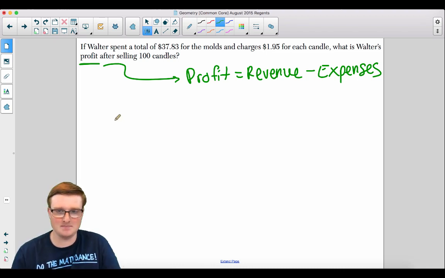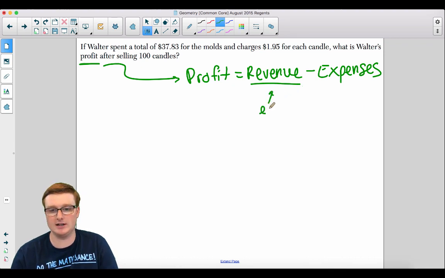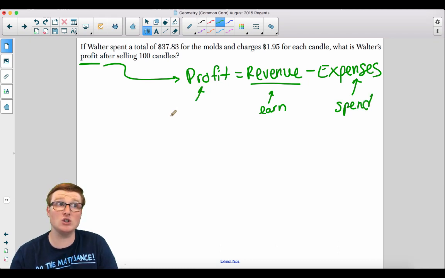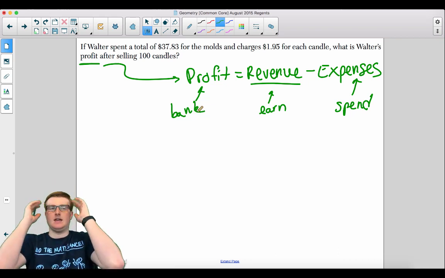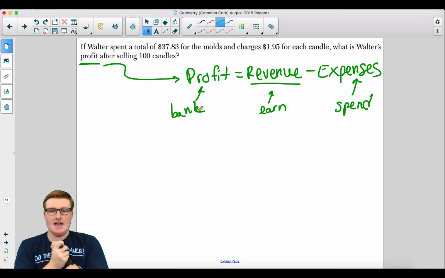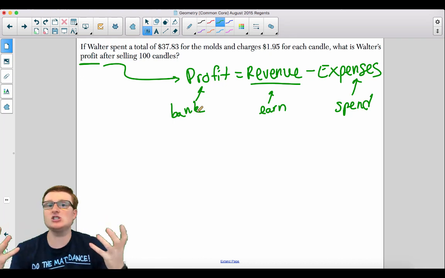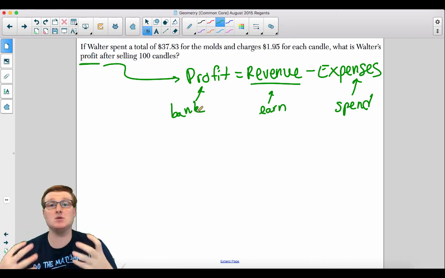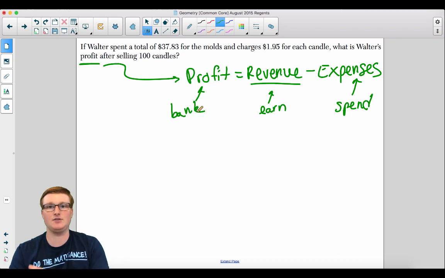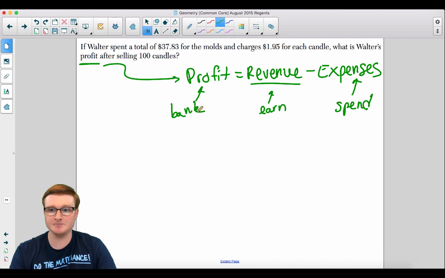So, revenue. Revenue is how much money you earn. Expenses is how much you spend. The profit is what you put in the bank. For example, let's just say you own an amusement park and you make $1 million by selling tickets. Your revenue is $1 million.